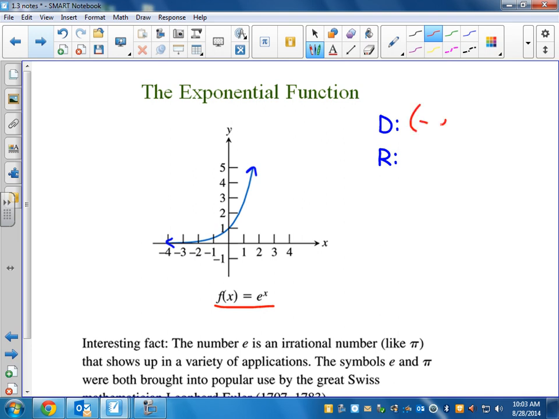We're going to say the domain is all real numbers, but the range is never going to be negative. It's actually never going to be 0. So we're going to say parentheses 0 to infinity. And then they just talk about what e is, but we don't care. We don't talk about any more of that.